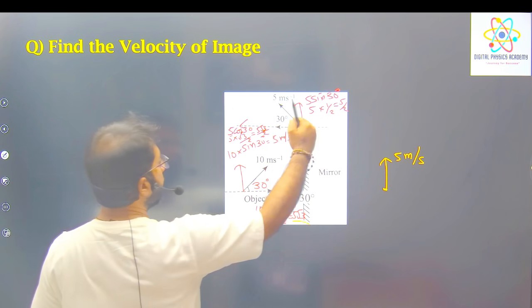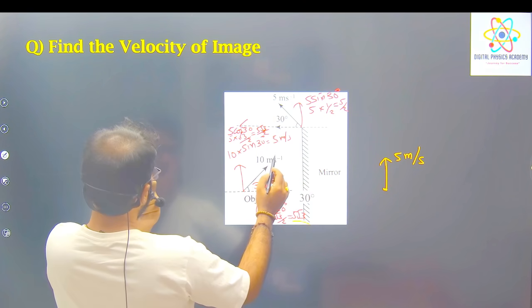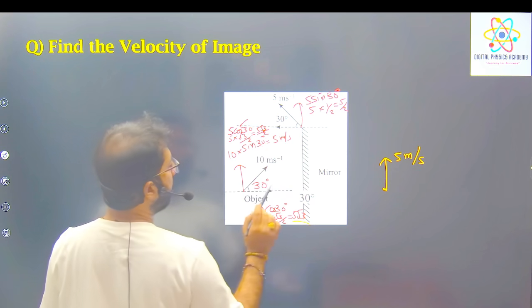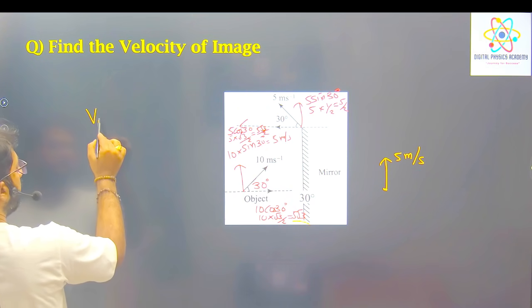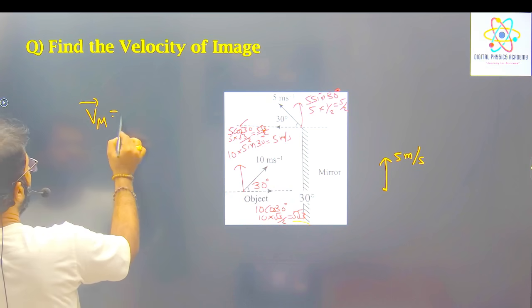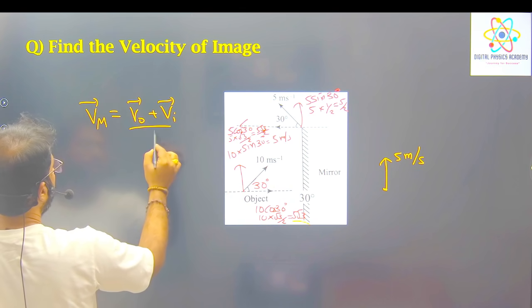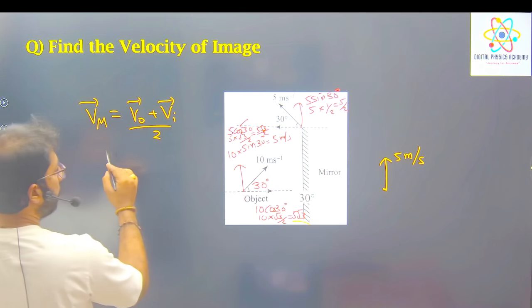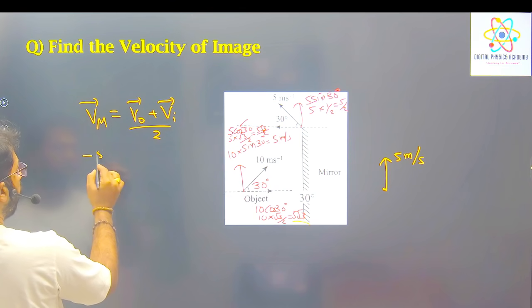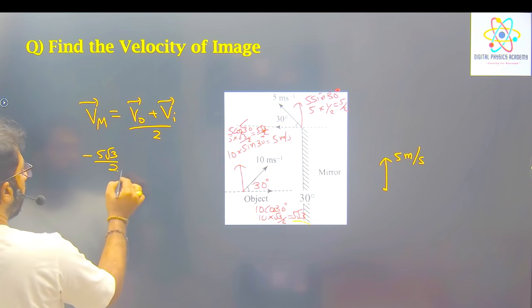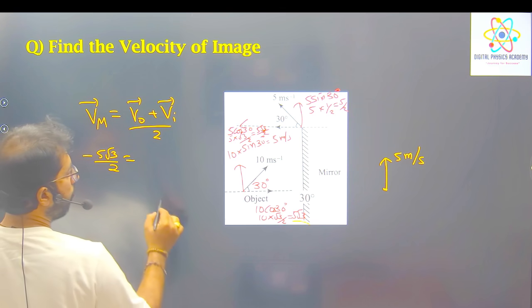Now the mirror is also moving with how much? It is 5 root 3 by 2, right? Now use the formula. Vm, since the mirror is moving, we have to use this formula: Vo vector plus Vi vector by 2. So the velocity of the mirror is how much? It is minus 5 root 3 by 2 is equal to Vo. Velocity of the object, how much?